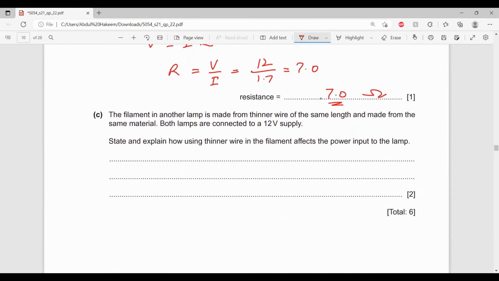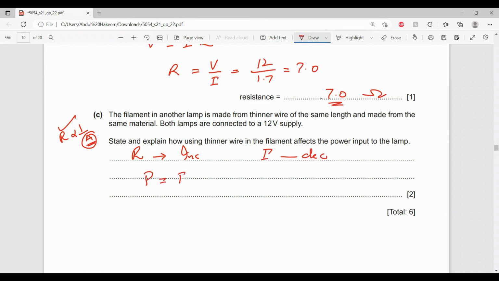Next. The filament in another lamp is made from thinner wire of the same length and the same material. Resistance is inversely proportional to area, so thin wire has more resistance. Due to this small area, the resistance increases, then the current decreases.